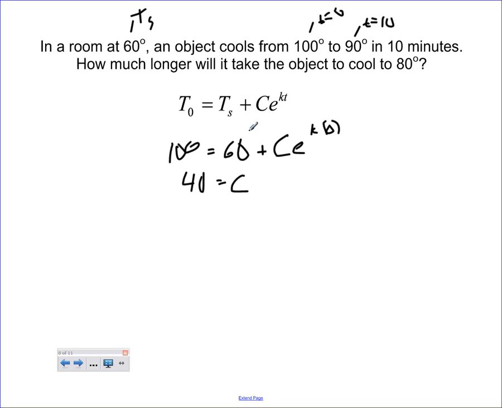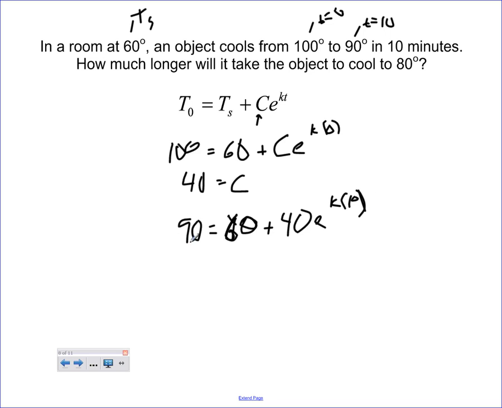Okay, so now we know that C is 40. So we go with our second condition. 90 degrees is equal to 60 plus 40 e to the k 10.